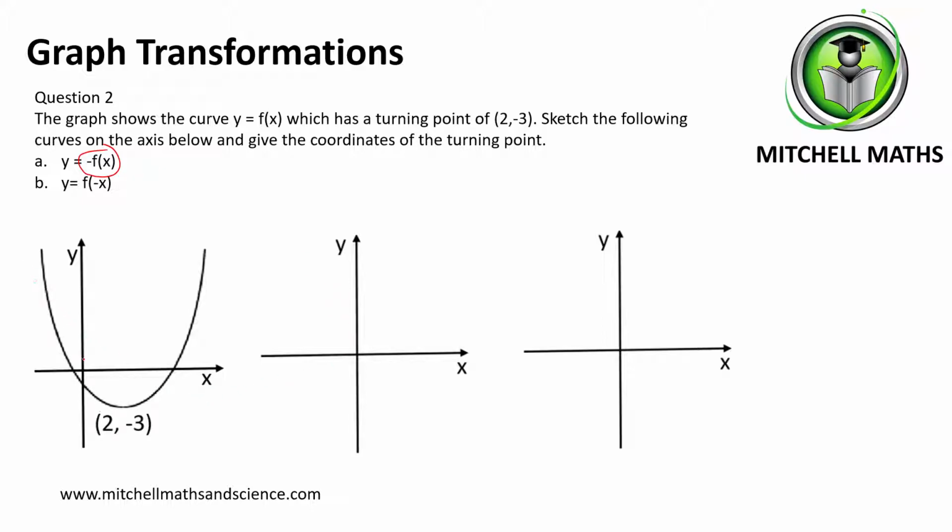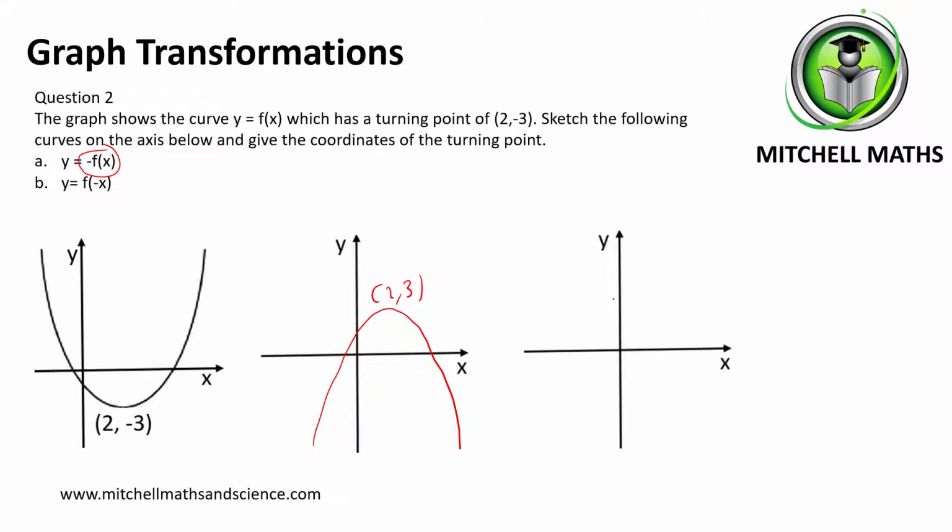So if we have a look at this graph, it's going to turn out like this. Because the graph has flipped over, minus 3 has become a 3, all these positive values have become negative. The turning point is going to be 2, 3. So it stays the same, it's just the negative has become positive. And we can call this a reflection in the x-axis.